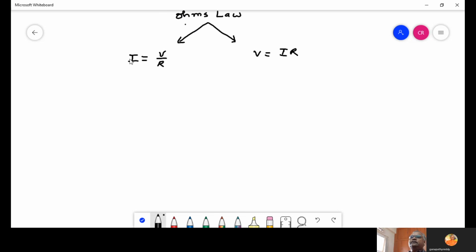So current, where we apply? Current is applied at a node. This is voltage, na? Voltage, where you apply in a loop. So that's why loop or mesh.